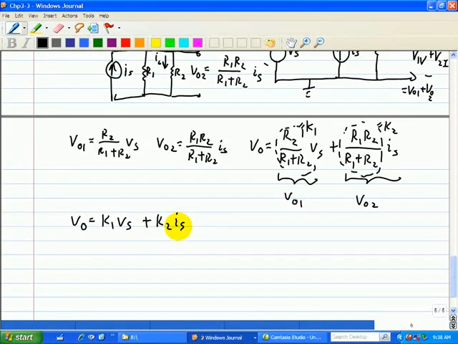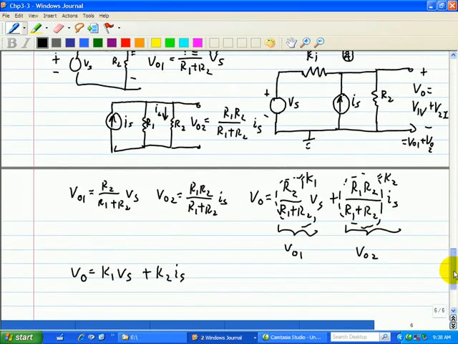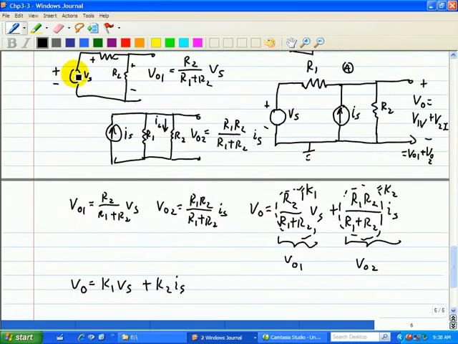So what this result shows is that the output is a linear combination of the two inputs. Our inputs are a voltage source VS and a current source IS, multiplied as a linear combination of K1 VS plus K2 IS, where K1 is defined as a ratio of these two resistors and K2 is a ratio of the product of these resistors over the sum of the two resistors.